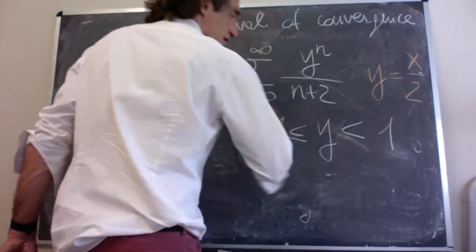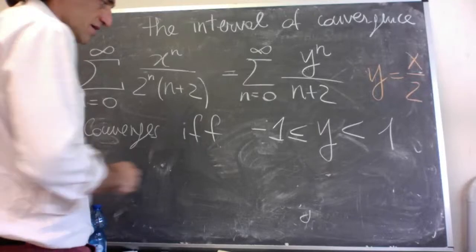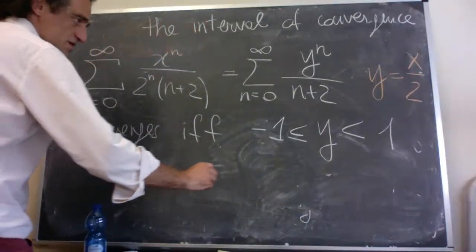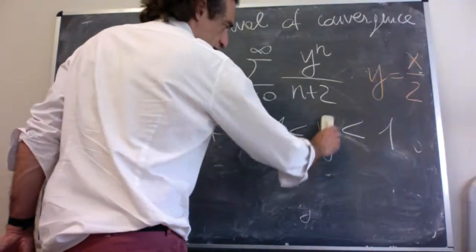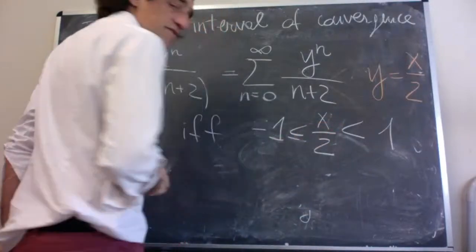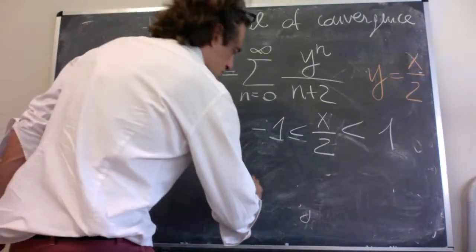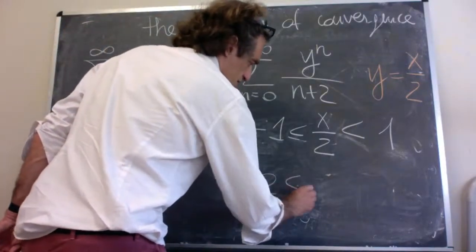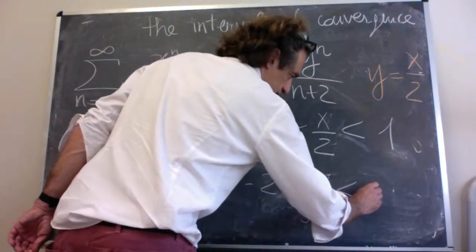Sorry, not equal, only less. There is no Leibniz here. So this is exactly saying that minus 1 is less than or equal to x divided by 2. So minus 2 less than or equal to x less than 2.